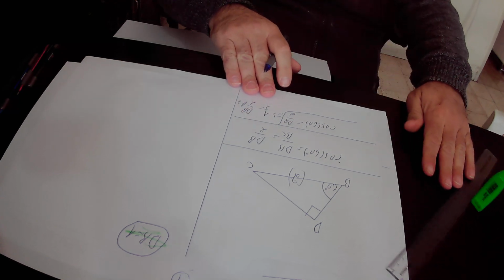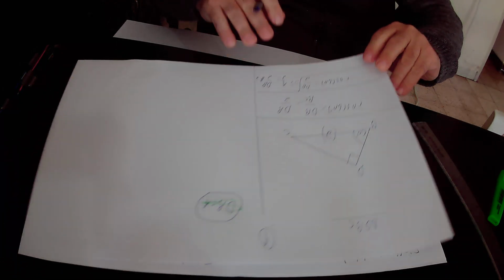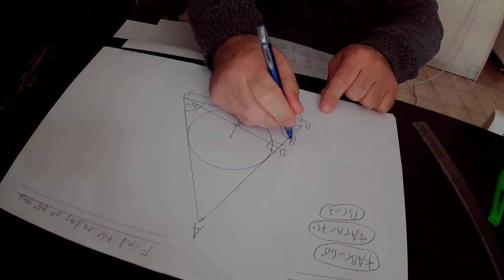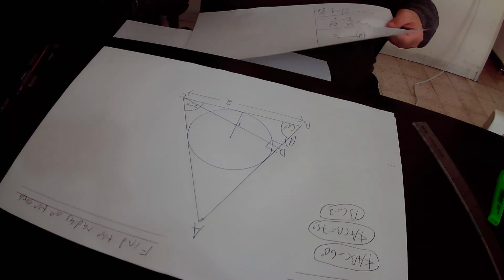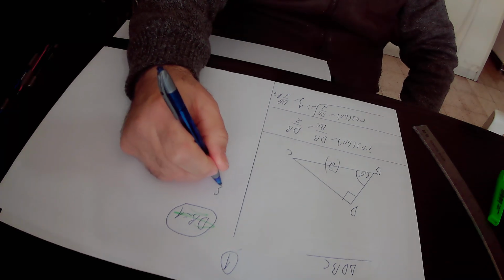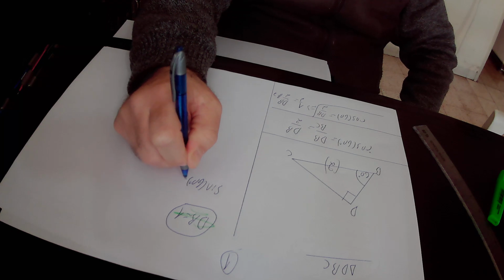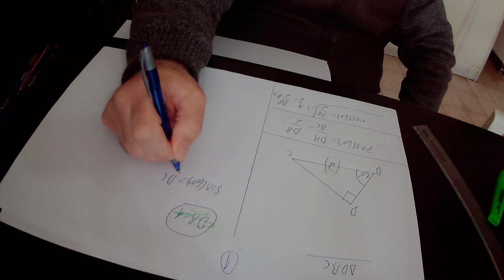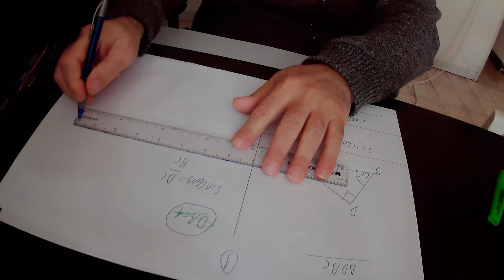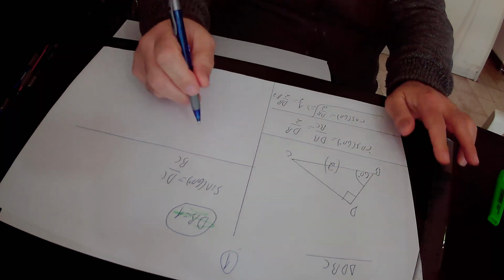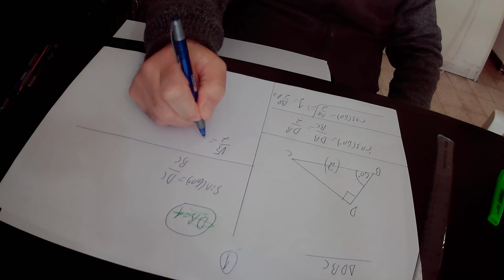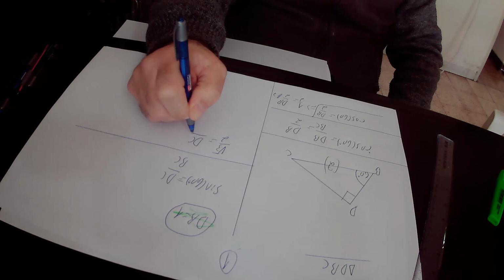So actually, this line segment DB equals 1 unit in its length. We'll continue to focus on this right triangle DBC. On the right triangle DBC, sine 60 degrees equals DC over BC. Sine 60 degrees is equal to square root of 3 over 2, and it equals DC over BC, and BC is 2.